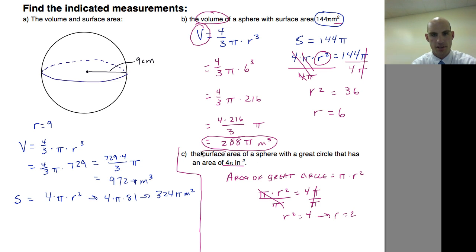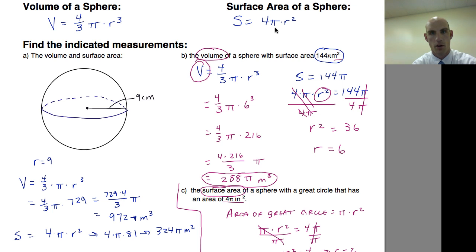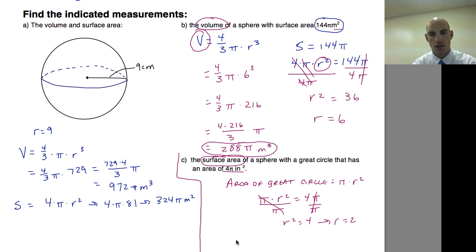Now, surface area, I have the radius, so if I look up here, take a little peek, 4 pi r squared. So, surface area equals 4 pi times radius squared equals 4 pi times 4, that's multiplication, equals 16 pi.